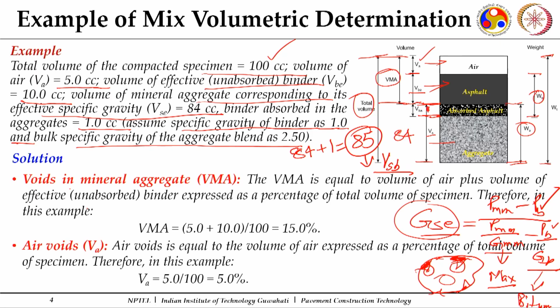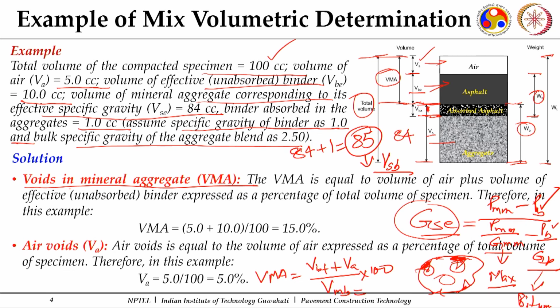Now, first of all, we are trying to look for the voids in mineral aggregates. If you recall, voids in mineral aggregates, which we mentioned yesterday, was volume of bitumen which is free or effective plus volume of air divided by the volume of the mix, into 100 as it is to be expressed in percentage.